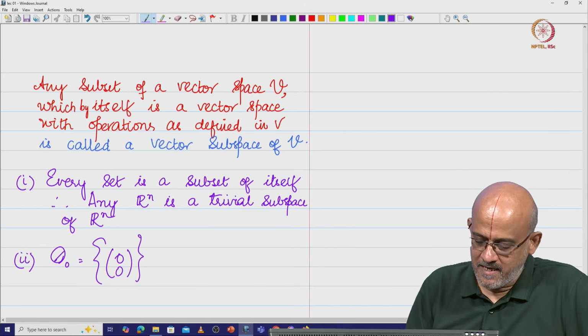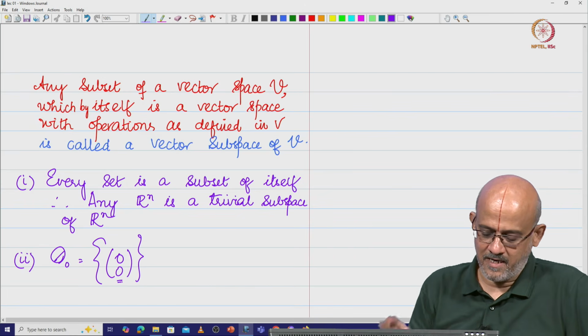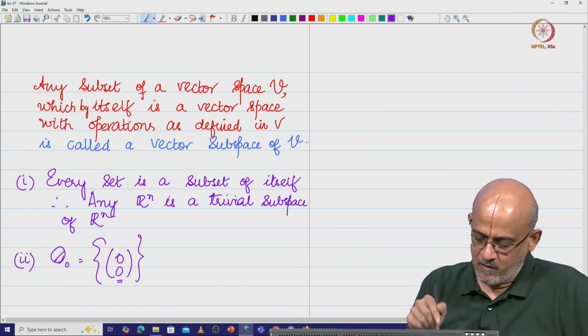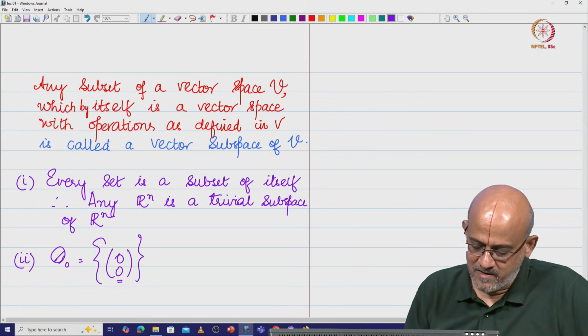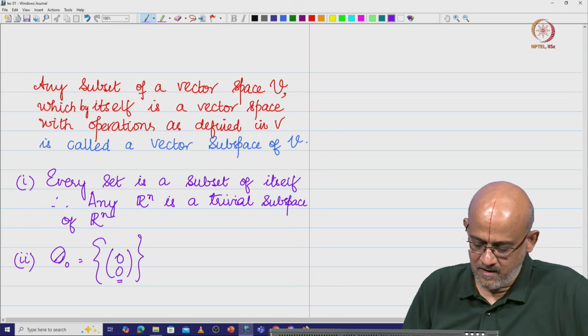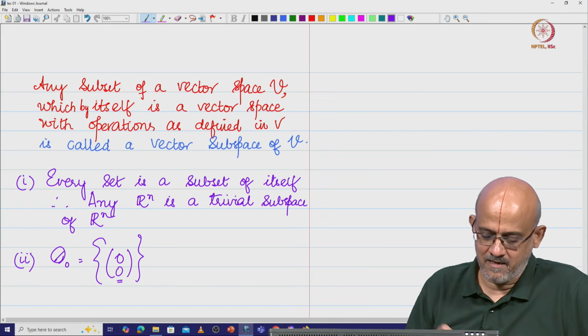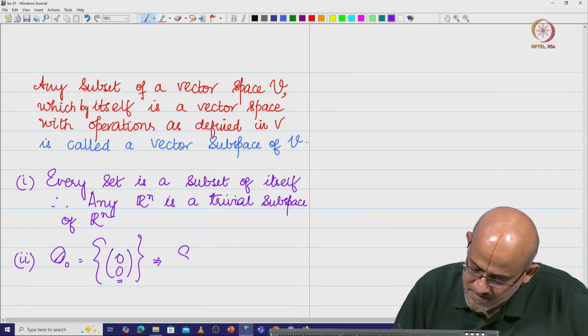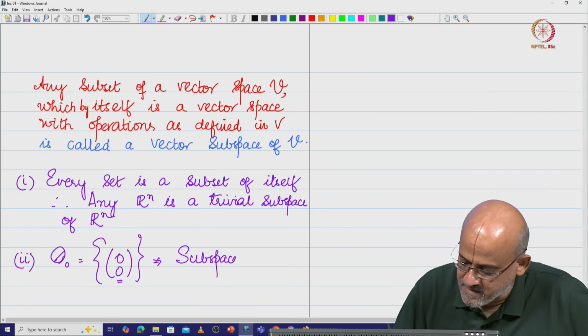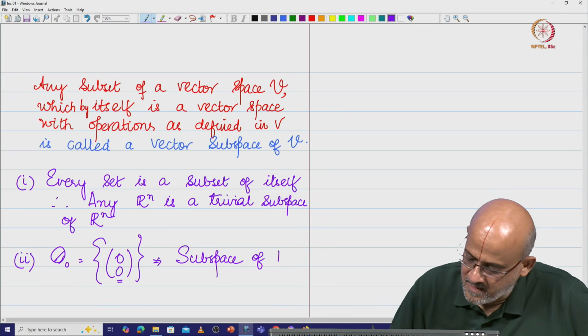Now if I take the element from theta naught which is the 0 vector and add it to itself, I am going to get the resultant to be the 0 vector. Any scalar I multiply with the 0 vector, I am again going to get the 0 vector, and the 0 vector by itself is the only element of the set. Therefore, this is a subspace, this is also a vector space, and this is also a subspace of, let us say, R2.